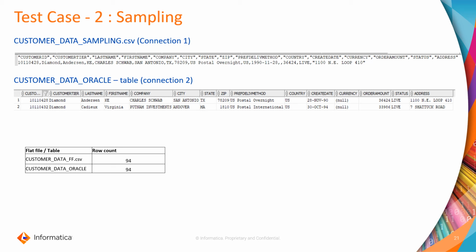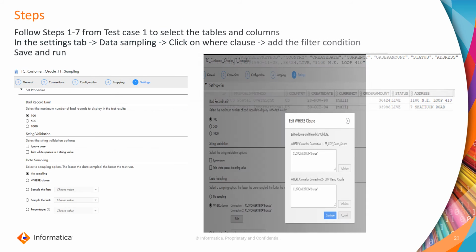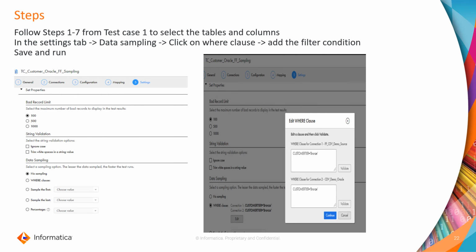So here we have two objects. One is a flat file, customer data ff underscore csv, which has 94 records, and the customer data table, which is also having 94 records. However, we do not want all the records to be compared.